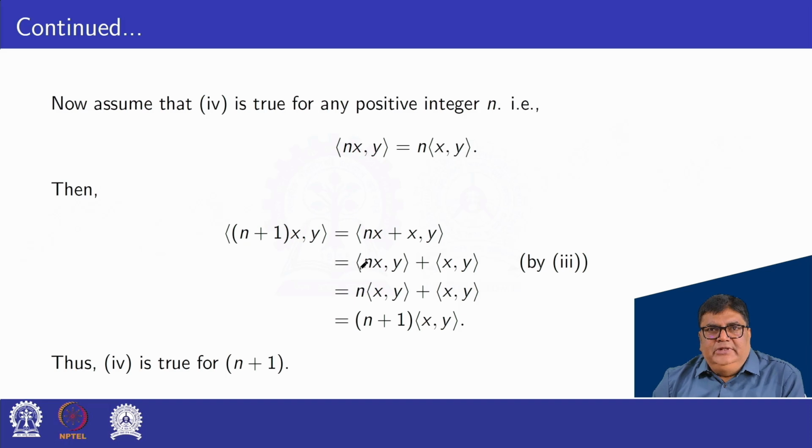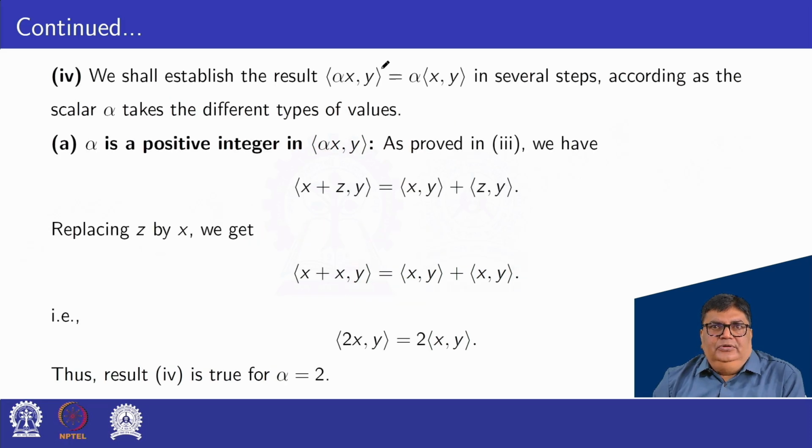So this can be written as n into inner product of (x, y) by this property, and this as it is. So inner product of (x, y) is common, so this is (n plus 1) into inner product of (x, y). So it is true for n plus 1 also. So this condition is true for positive integers.